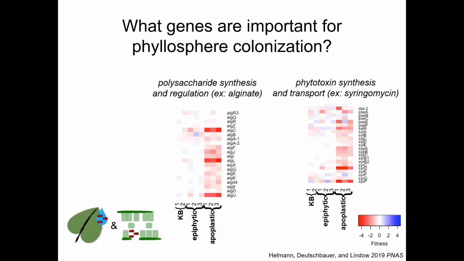And if not, they were probably immediately outcompeted by other cells that did. So from these experiments, I didn't really see any chemotaxis genes popping up as being important. But I think that might have been more of an experimental artifact than anything related to the importance of those genes on the leaf surface, which have been shown previously to be really important.